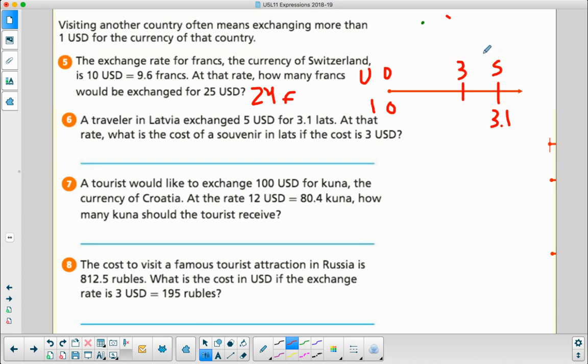Well, I don't know. 5 divided by what is 3? So I'm going to take it all the way down and figure out what $1 is first. 5 divided by 5 will give me 1. So I'm going to go down whatever that rate is 5 times. I'm taking the 3 1/10 and dividing it by 5.